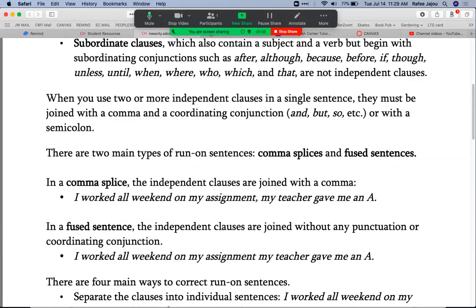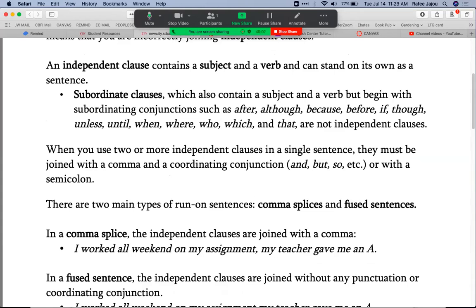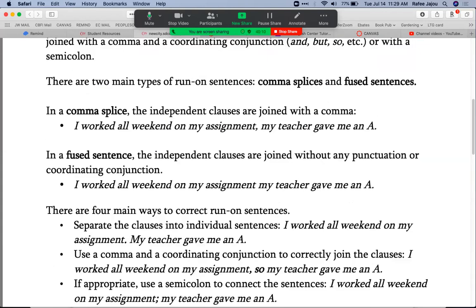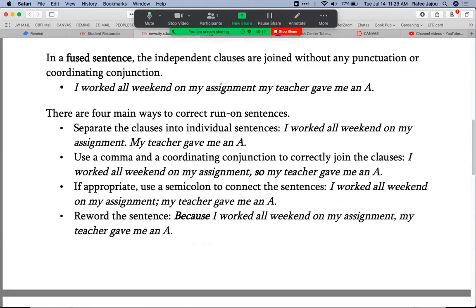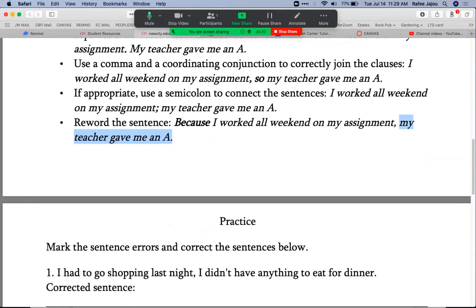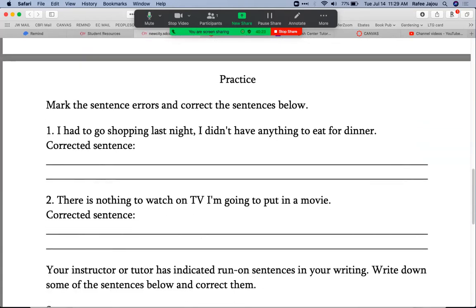What we're doing up here is subordinate clauses. So if you use any of these words, you can create a dependent statement and keep a comma. Here's an example. Since I worked all weekend on my assignment. Again, you can't stop. You got to keep going. My teacher gave me an A. All right. Hopefully this is so far so good for you.